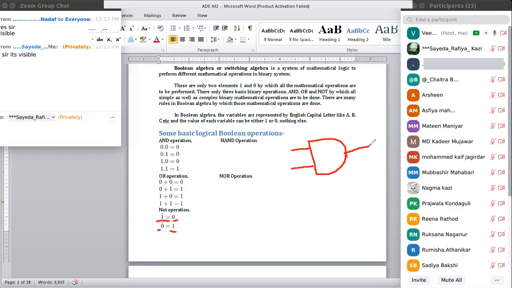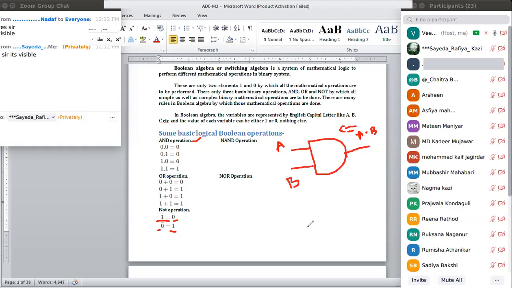This is an AND gate, where two inputs are there, A and B. This is the logic symbol for this operation, which gives A into B as an output, which is called C equal to A into B.